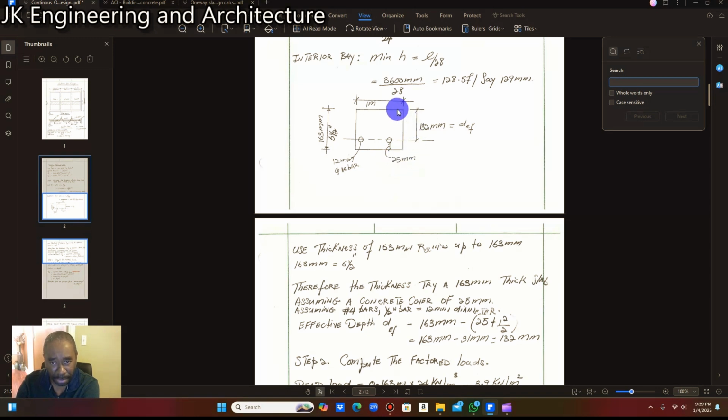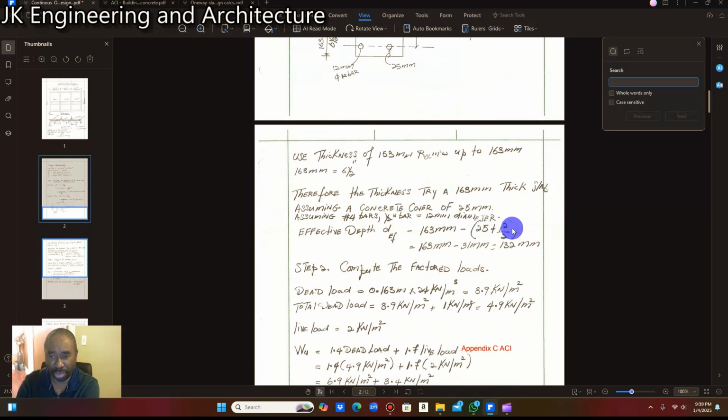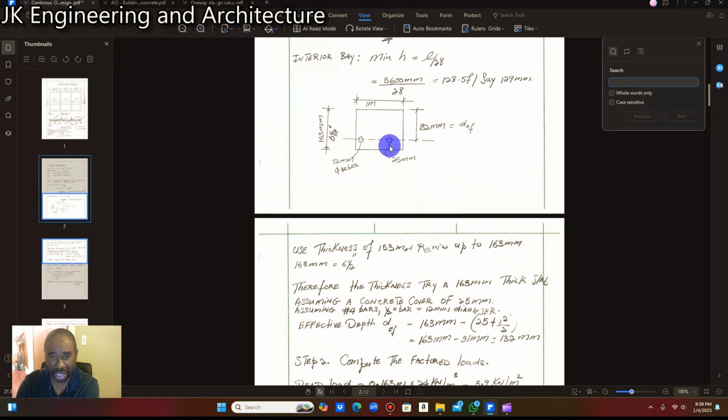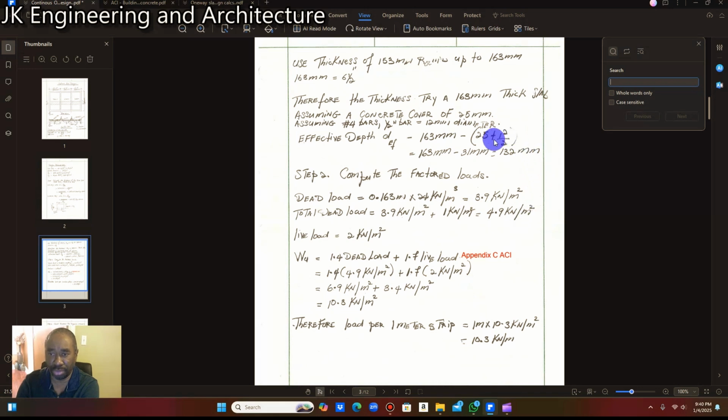From the top of the slab down to halfway in between the rebars is going to be 132 millimeter for our effective depth, which we just calculated here. You see we have our 25 millimeter here, and the bar diameter is going to be 12 millimeter, and since this is halfway through, we divide that by 2, and that's how it comes up to be 132 millimeter. All right.